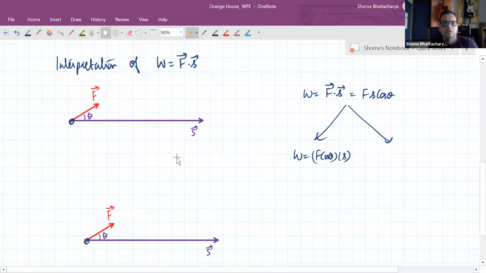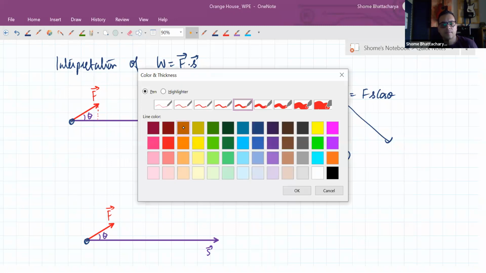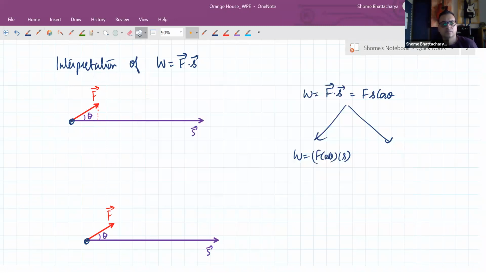In this diagram, the first one, F cos theta is the projection of force along the displacement. If we drop a perpendicular from the force vector onto the displacement, this is your F cos theta.